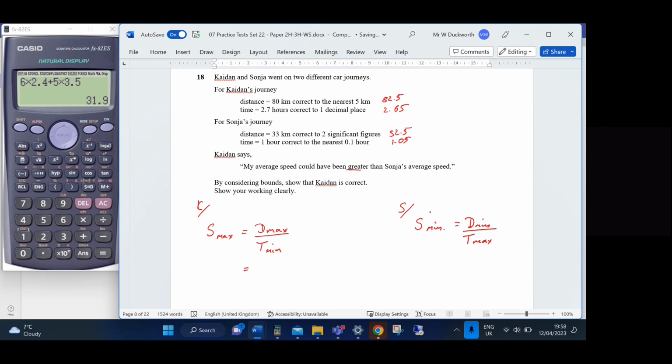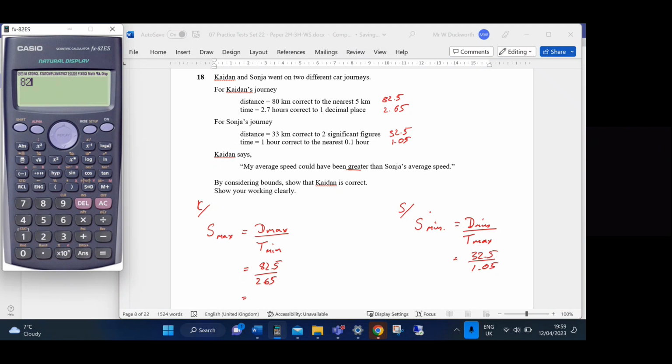Right, so I've actually rounded wrong there. So it's 82.5 divided by 2.65, and the min 32.5 divided by 1.05. And then I just need to do those 2 calculations.